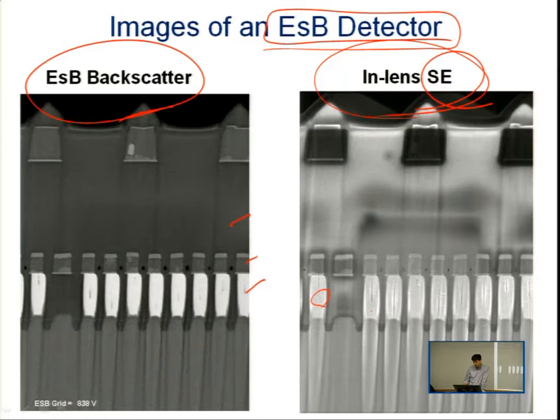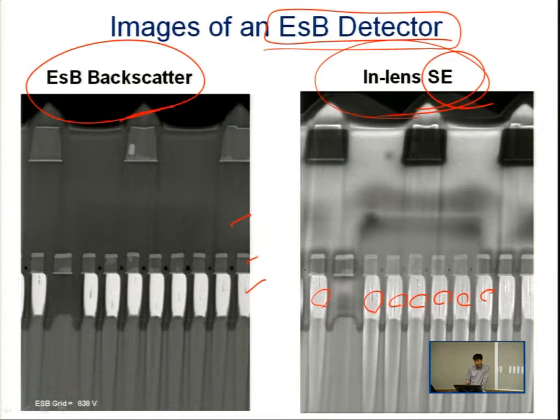We have a little bit of brightness change, but when we filter out most of the secondary electrons, the contrast among the materials is much better.